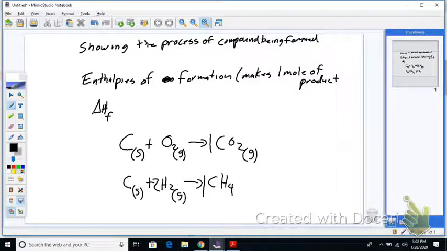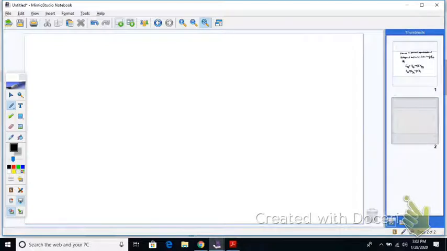So let's do this one: AgClO3. What are the elements that make up AgClO3?